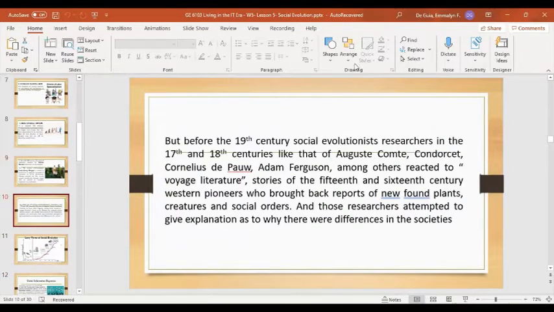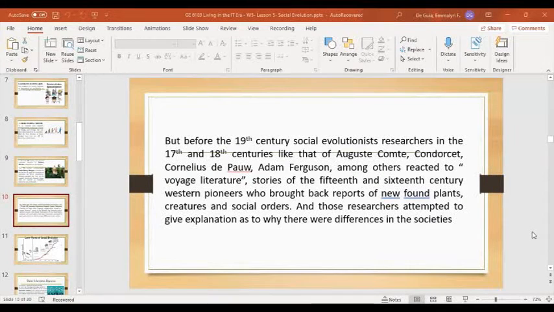But before the 19th century, evolutionist researchers in the 17th and 18th centuries, like the anthropologists mentioned here, reacted to voyage literature, which brought back reports of newfound plants, creatures, and social orders. Those researchers attempted to give an explanation as to why there were differences in the societies.